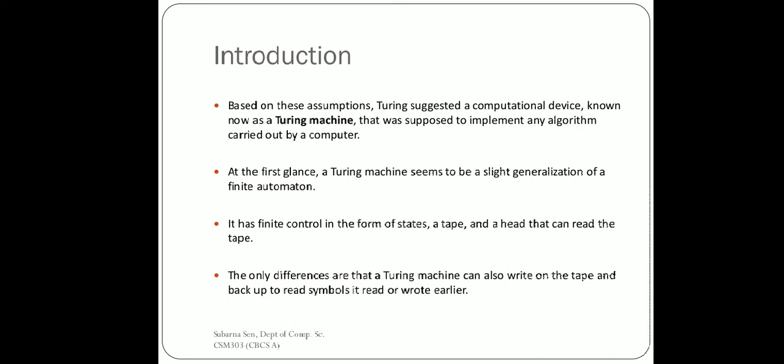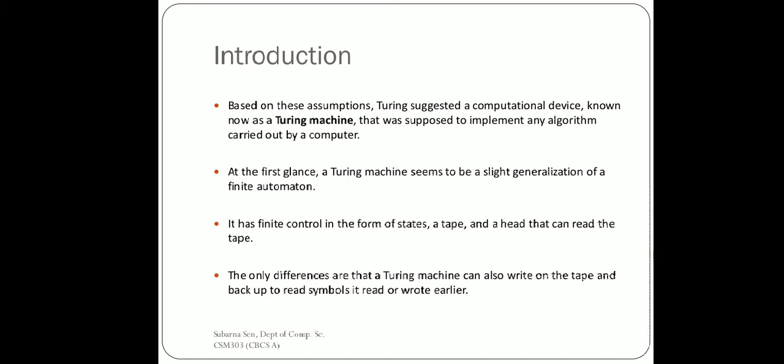Right. So at first glance, a Turing machine seems to be a slight generalization of a finite automaton. It has a finite control in the form of states, a tape, and a head that can read the tape. As we proceed in this lecture, you will see a diagrammatic approach, where there are several states and a tape from which it will read its input, and a head controlling it, which can move in any direction.